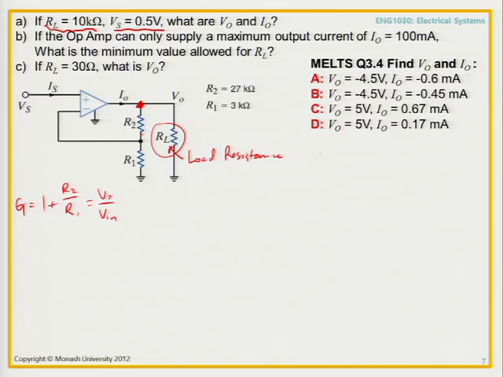First you work out what the voltage is going to be, and then from the voltage you can work out the current that comes out of the op amp to produce that voltage.